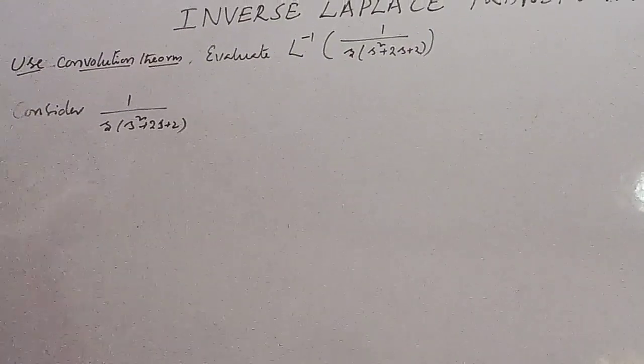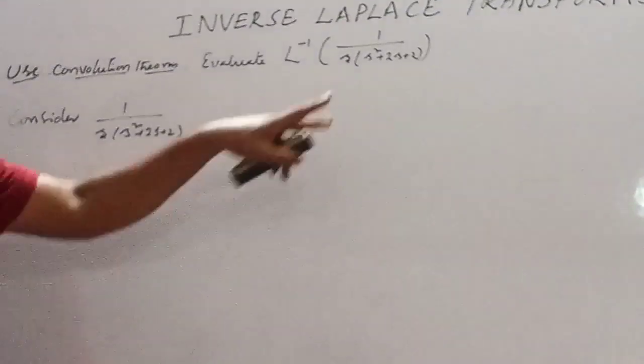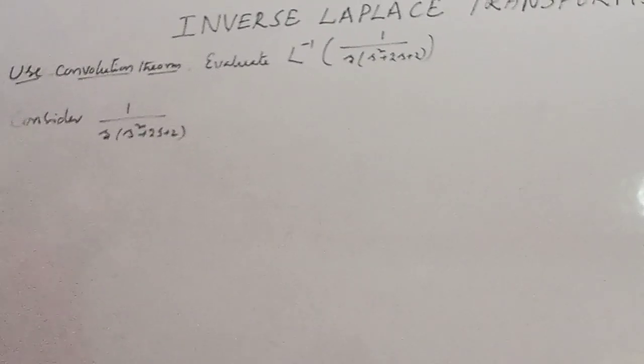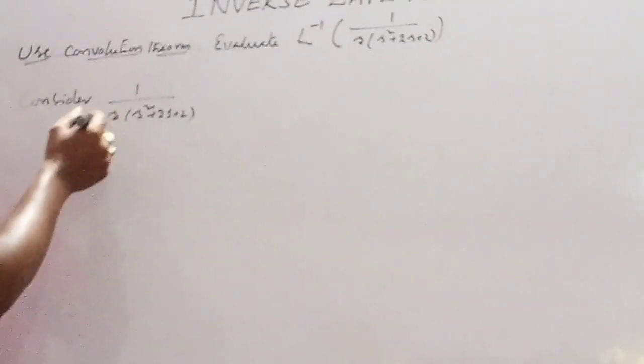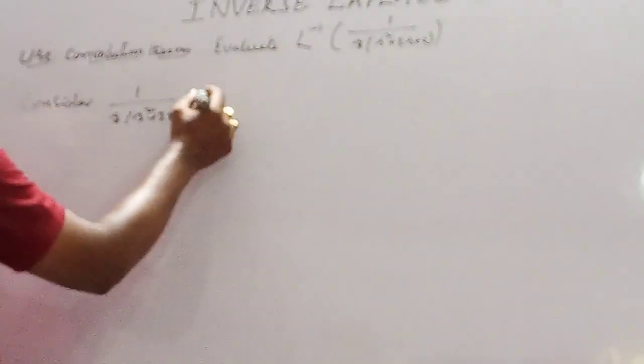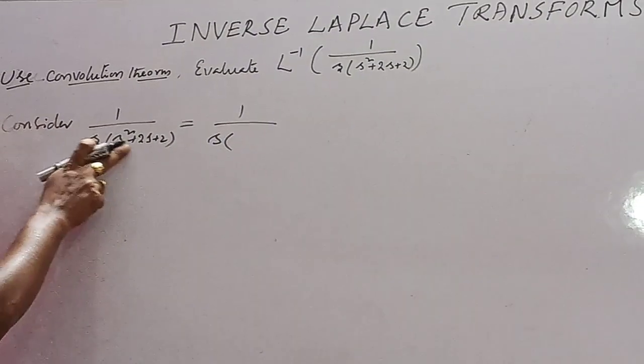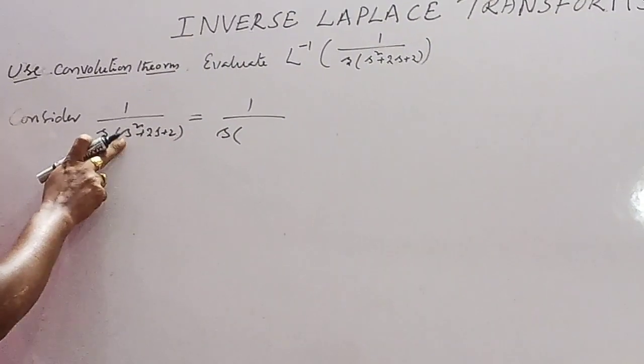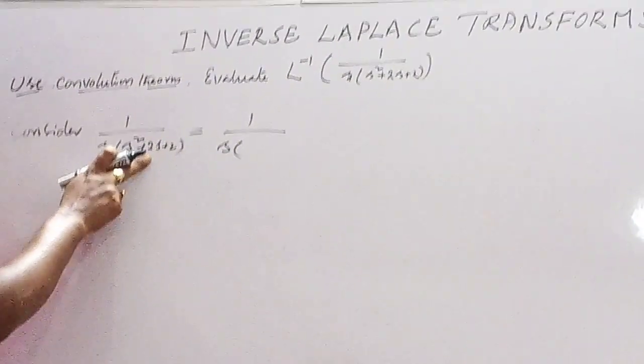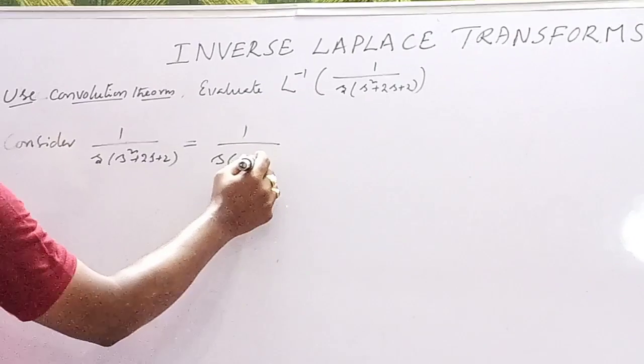Using the convolution theorem, evaluate the inverse Laplace transform of 1 by s into s square plus 2s plus 2. Write it as 1 by s into 1 by s square plus 2s plus 2. You observe that s square plus 2s plus 2 can be written as s square plus 2s plus 1 plus 1, that means s plus 1 whole square plus 1.